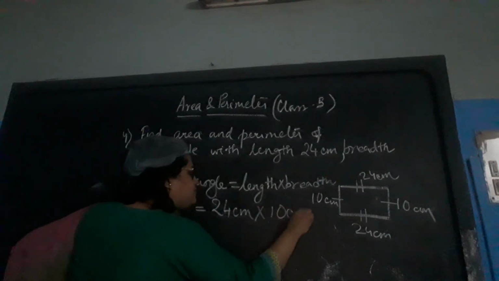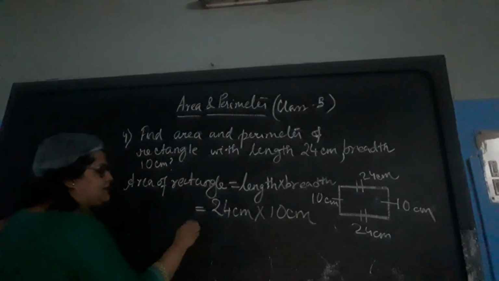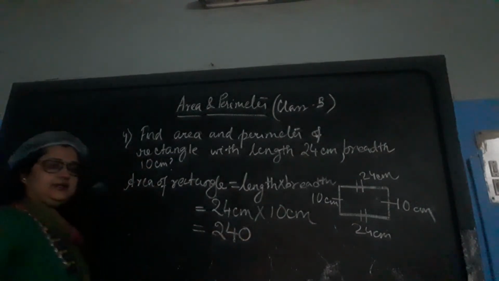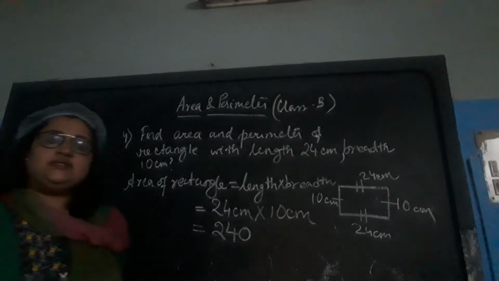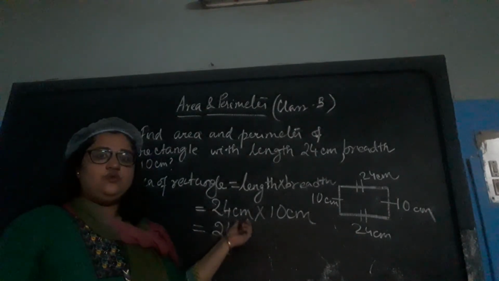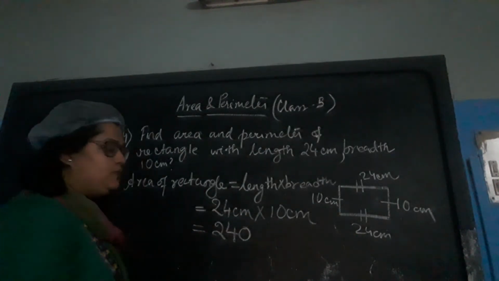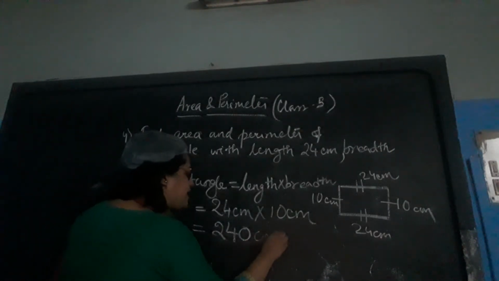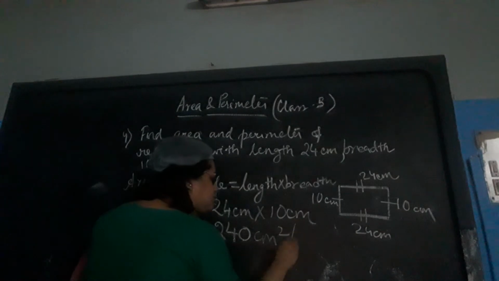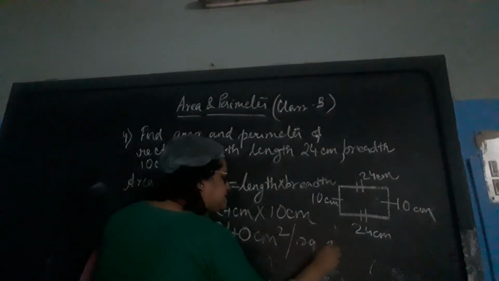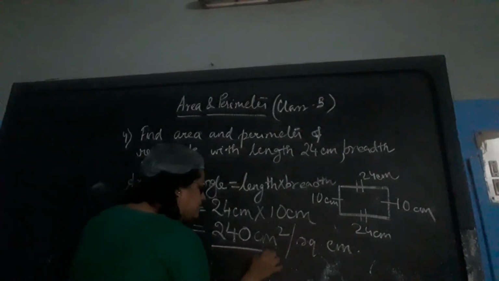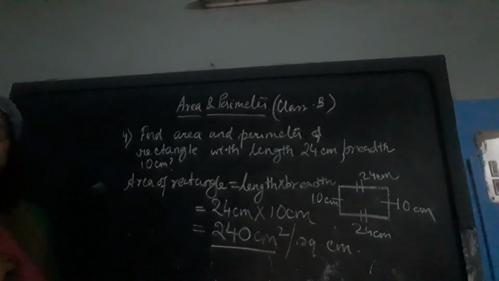Just place the values and multiply them. Now 24 into 10 gives you 240, and area always has square units, because check over here, the unit is coming 2 times. When you multiply anything 2 times, it changes to square. So centimeter square will be the unit of area over here. So this is the answer of area.